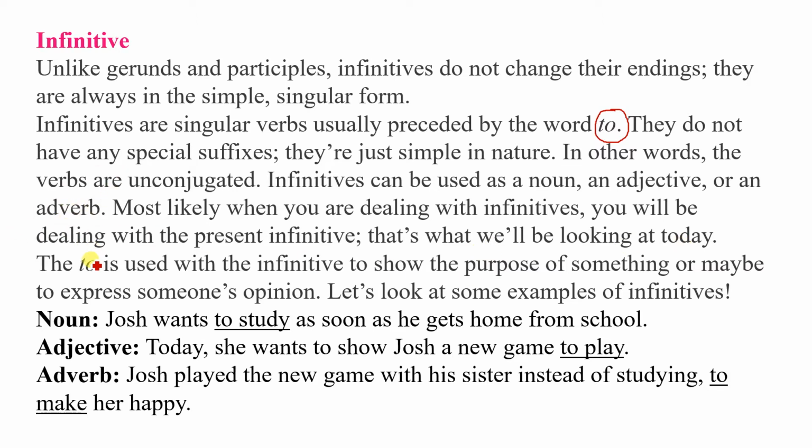The to is used. To is very important in infinitive. To is used with the infinitive to show the purpose of something or maybe to express someone's opinion. Okay. So let us see an example of infinitive as a noun. Josh wants to study as soon as he gets home from school.